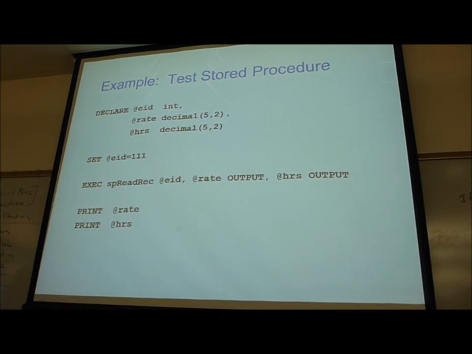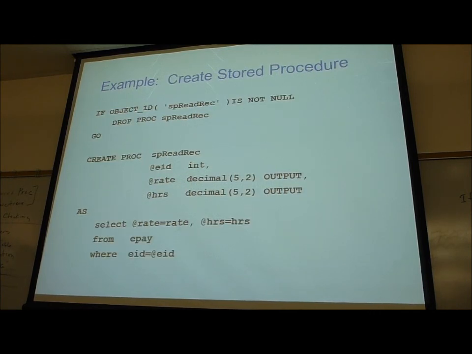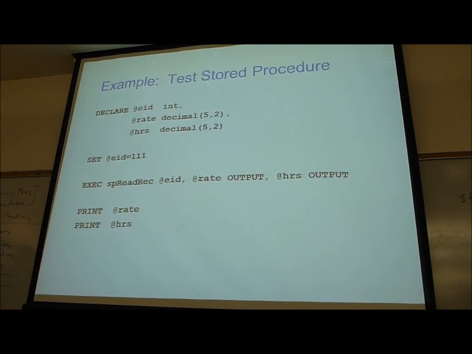Why do you have to declare them? Well, we did declare two types. These are the parameters for the stored procedure. These are the variables for my little test script. I could have made them something else, I just made them the same because it makes sense to me, and it's not confused because they're separate.